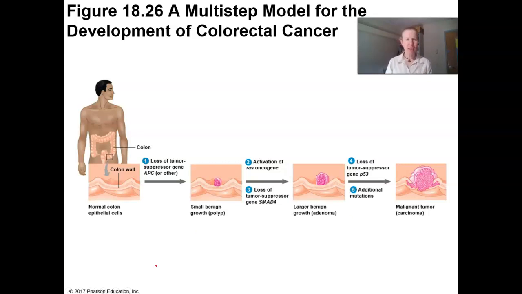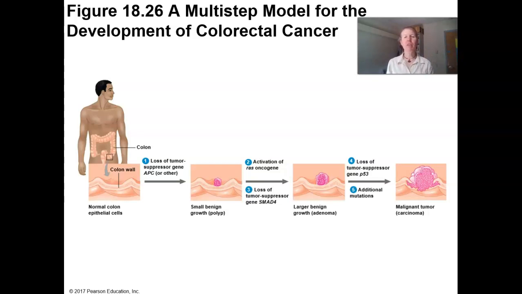So notice what's happening. In this case, they're looking at colorectal cancer. And so you have a loss of a tumor suppressor gene and you start getting a small polyp. And then here, notice this oncogene, right? So we had a mutation going from a proto-oncogene to an oncogene. So that gets turned on and we're losing another tumor suppressor gene, right? And then it's getting bigger and then we lose another tumor suppressor gene.